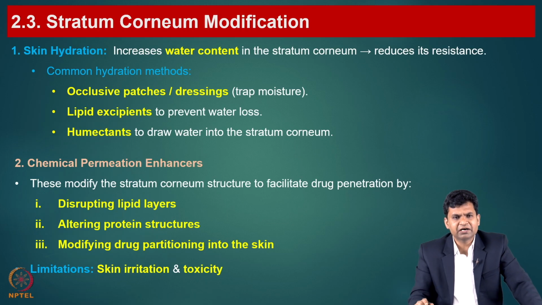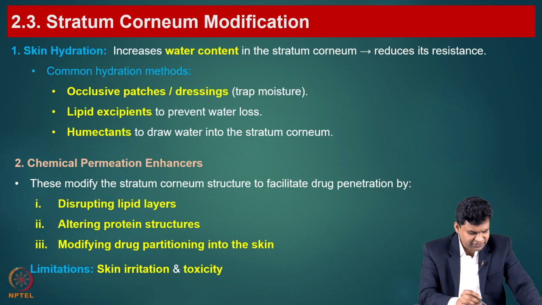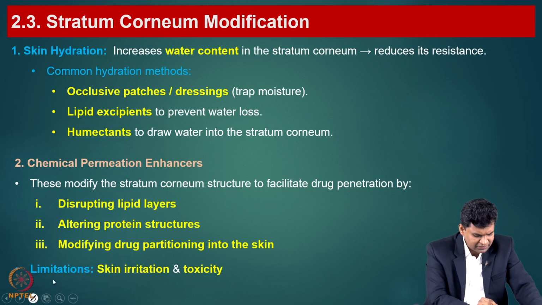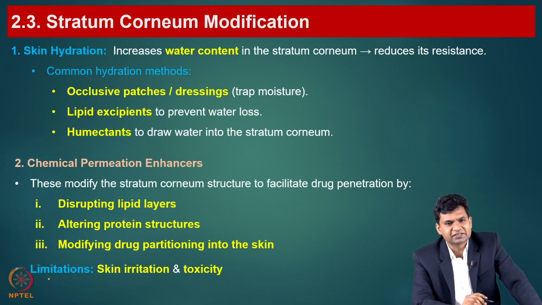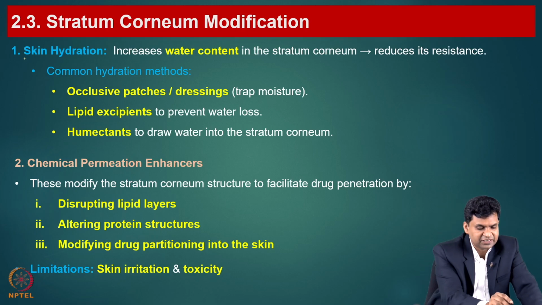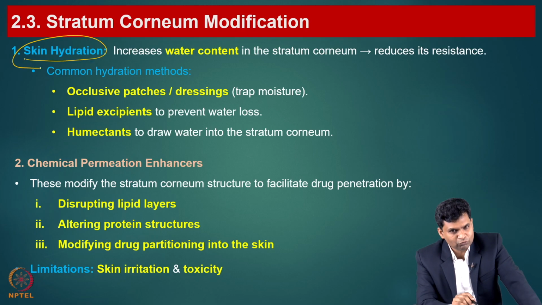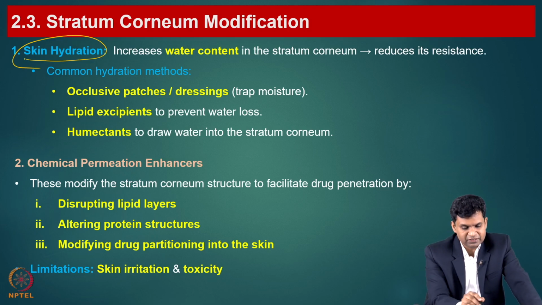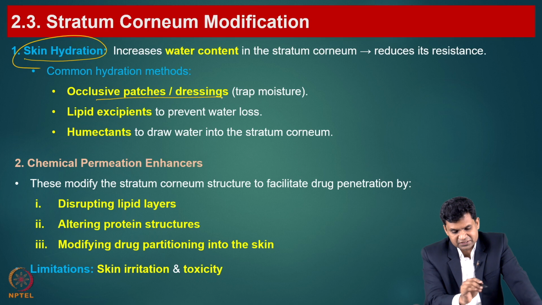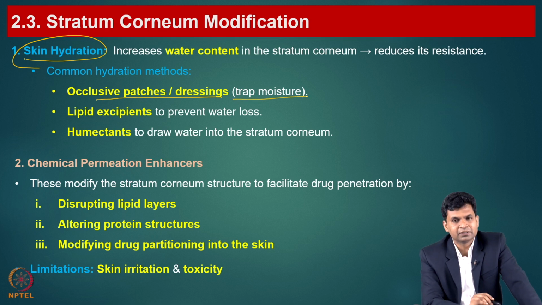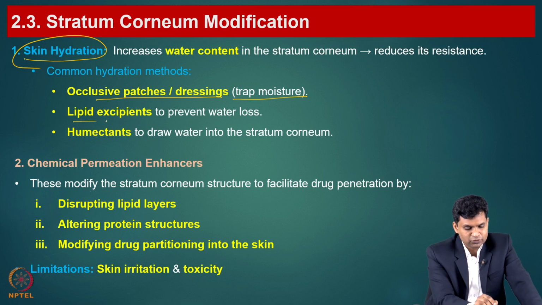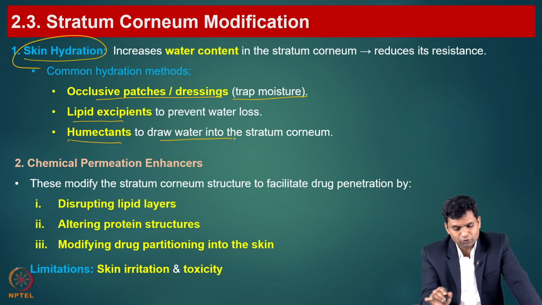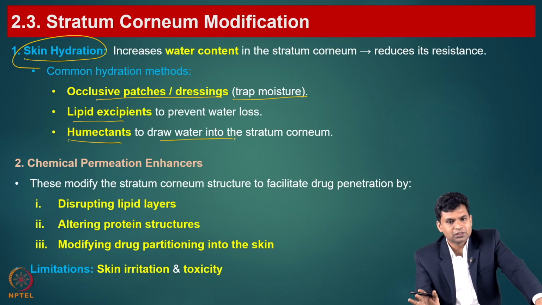Now, here we have the stratum corneum modification systems. We already discussed this in detail under the factors influencing drug permeation. There we studied that skin hydration is very important and ultimately helpful for permeation. So, we can use occlusive patches or dressings which trap moisture, and also lipid excipients. Humectants also provide moisture or water content to the skin.